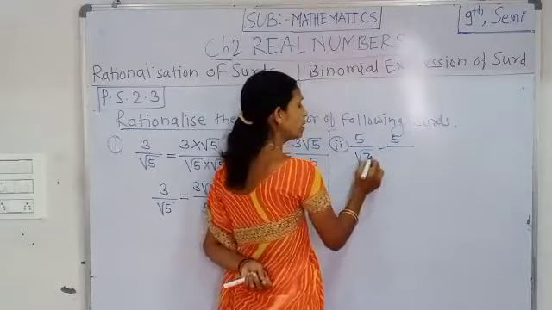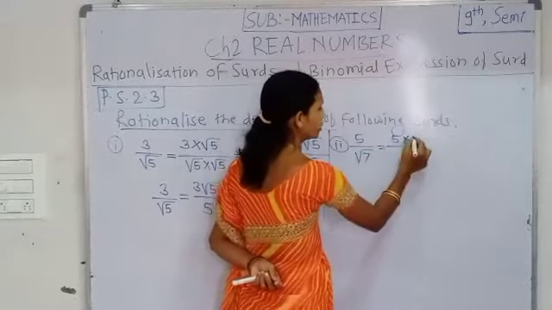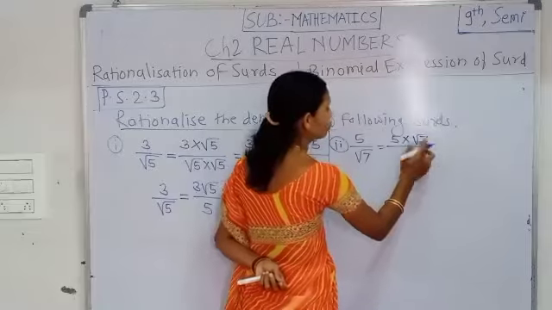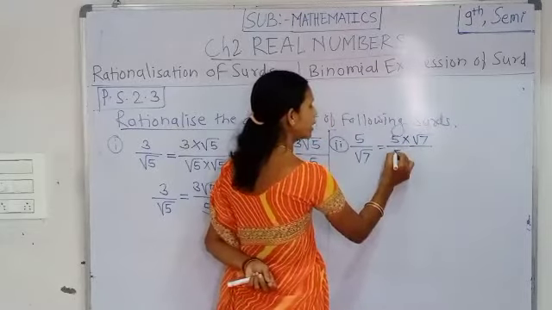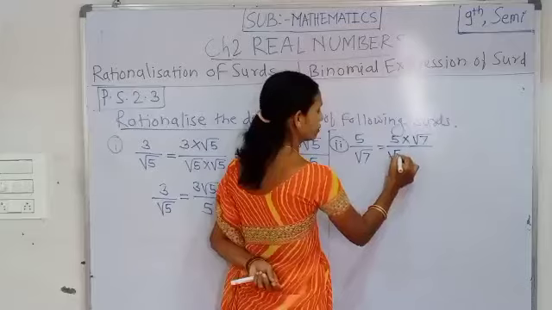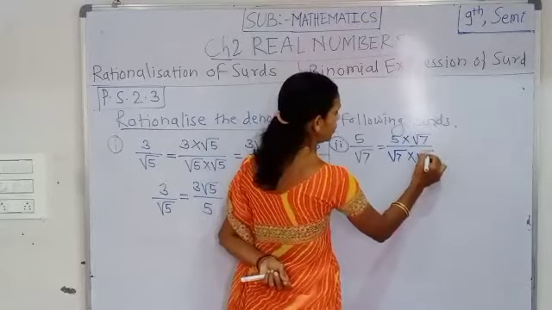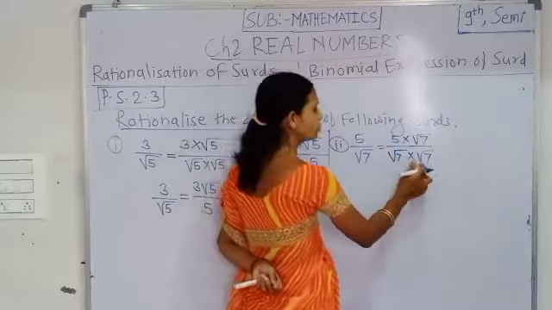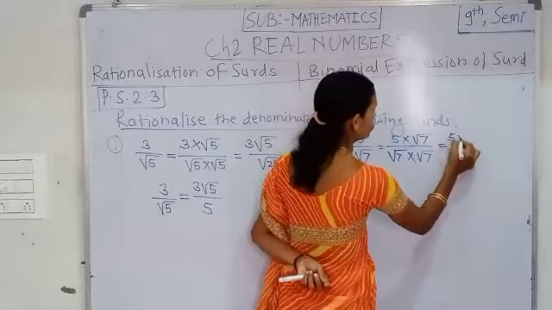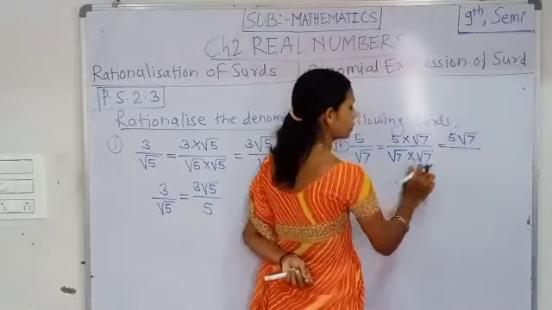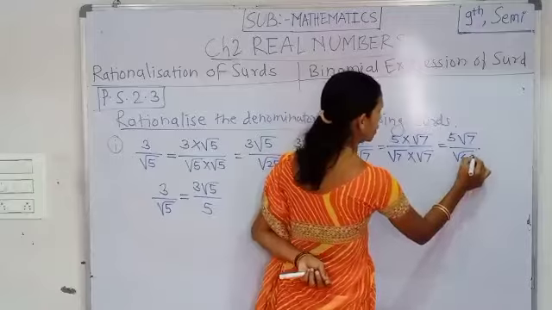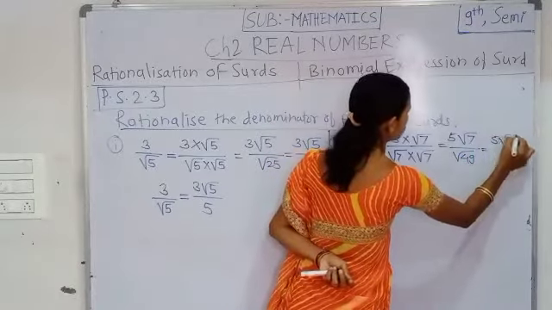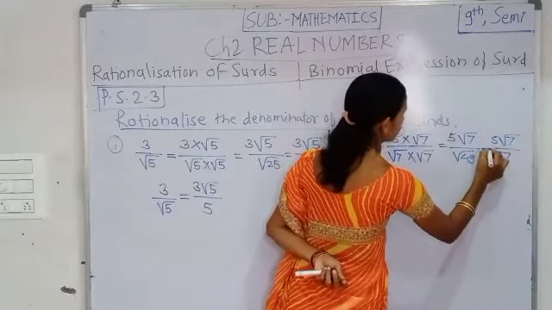Therefore, the rationalizing factor of root 7 is root 7. Therefore, we have to multiply the numerator as well as the denominator by root 7. Therefore, 5 into root 7 upon root 7 into root 7. That is 5 root 7 upon root 7 into root 7. That is root 49. Therefore, 5 root 7 upon 7.